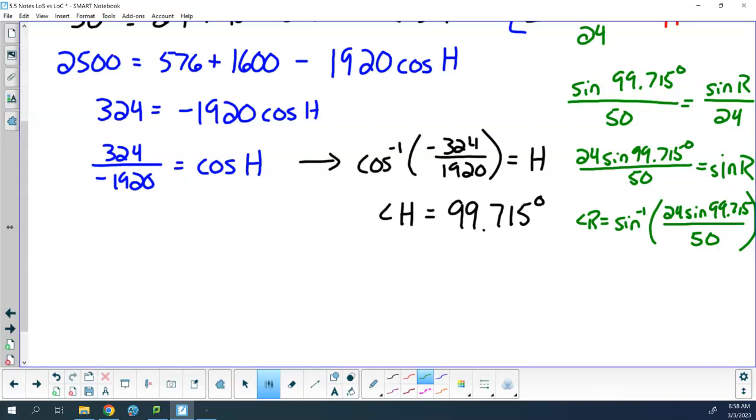And I get 0.4731. Then I'm going to take the inverse sine of that answer, and I get here that angle R is 28.237 degrees.